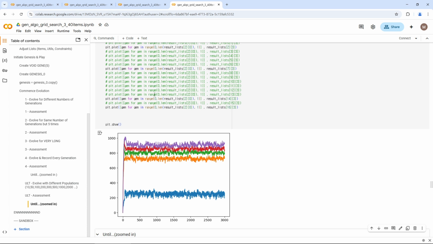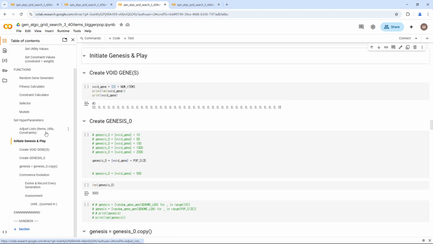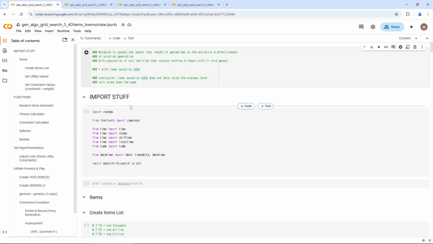And third is just a bigger population size. So here we go.